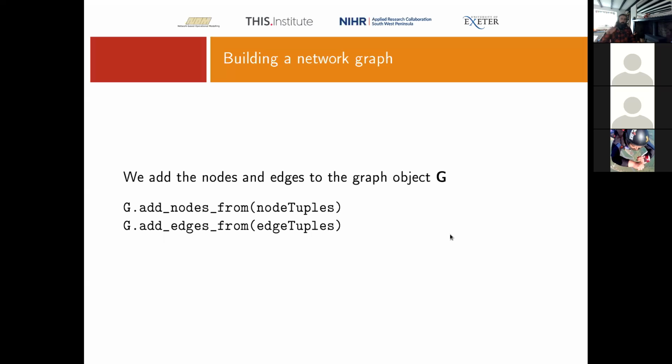So this is a way you can add nodes and edges. If you look at the NetworkX documentation, there are a few different ways that you can add nodes and edges to a graph. You can add them individually, or you can add them from an adjacency matrix. But this, I find, is a little bit more of a generalized approach.